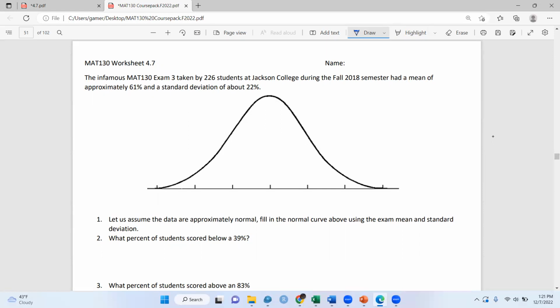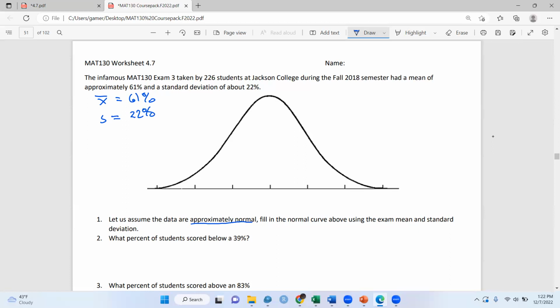So what we're going to do is fill out this normal curve. We're going to assume that all of these test scores are normally distributed, and we're going to put in this mean of 61% and this standard deviation of 22%. How does it work?